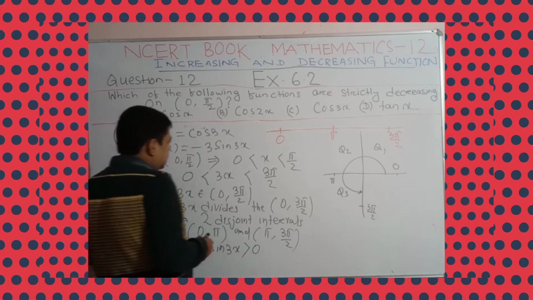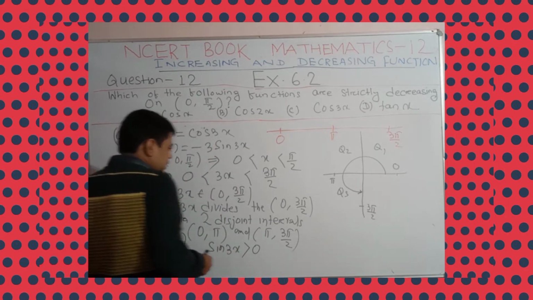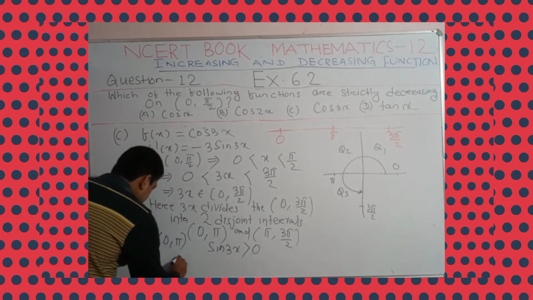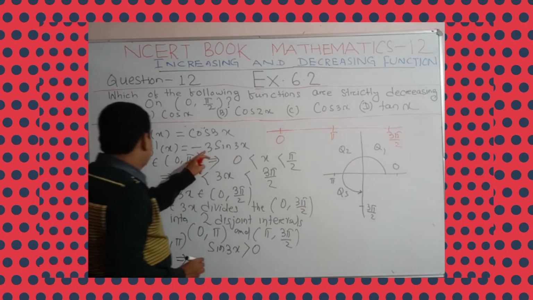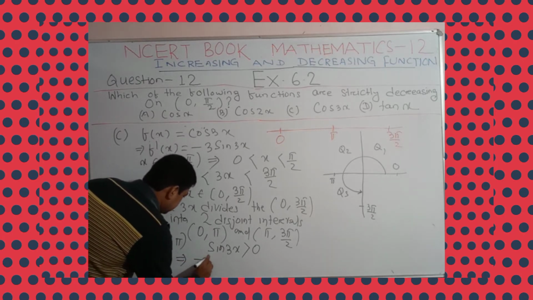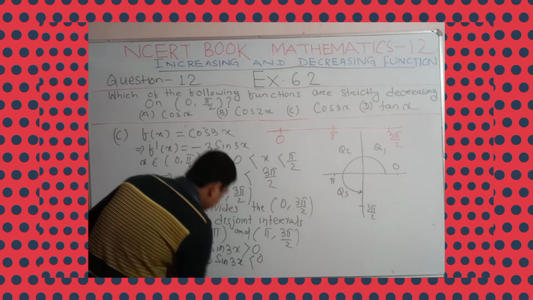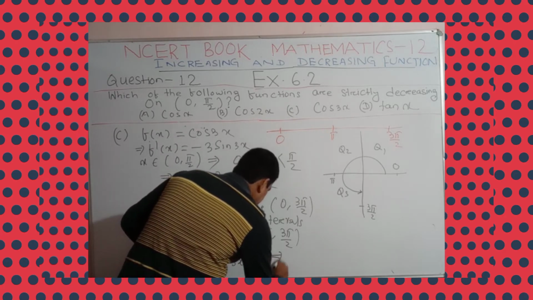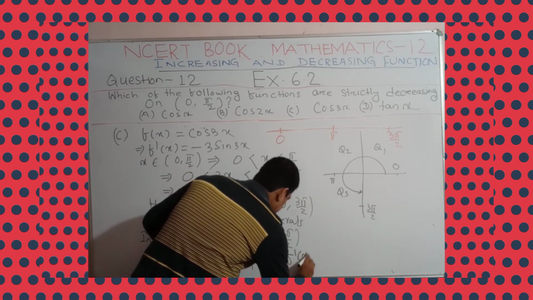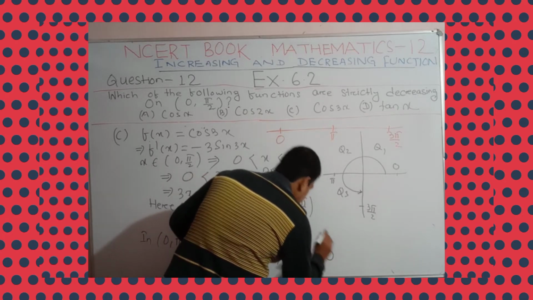If sin 3x is greater than 0, what are you getting? It is given that f dash x is minus 3 sin 3x, which must be less than 0. That implies f dash x is less than 0.